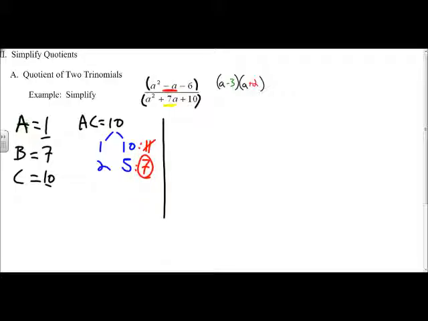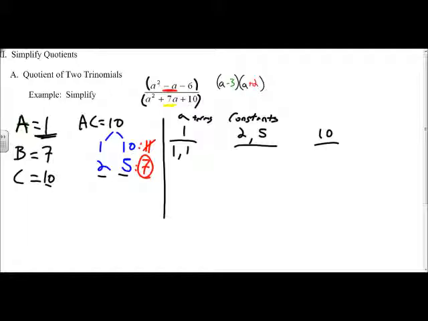So again, we make the columns with our A terms, and we're using our A from over here, which is 1. The constants from our binomial factors, the factors from AC, are 2 and 5. And we need those to multiply and add up to C, which was 10. Again, the factors of 1 are just 1 and 1.